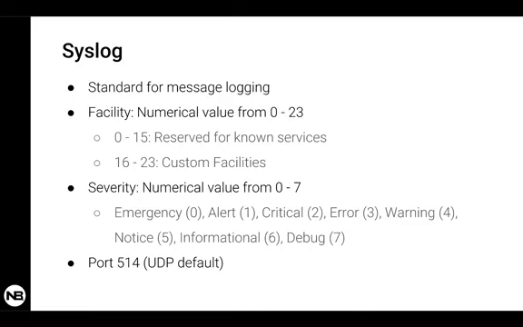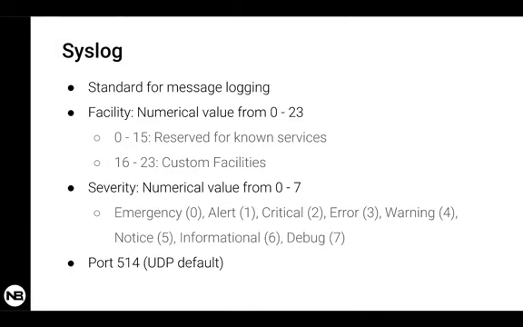If you check the list online on Wikipedia, you can find the most known and popular services such as NTP, news, or for example, kernel messages. And then there are 7 custom facilities, local 0 through 7, which are actually 16 to 23 in the big scheme of the facility.